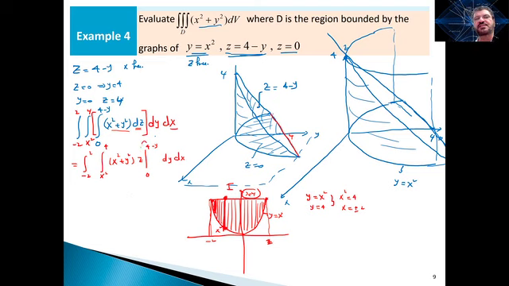Now we replace z with 4 minus y. So this is equal to the integral from negative 2 to 2, x squared to 4, of x squared plus y squared, and we replace it with 4 minus y.